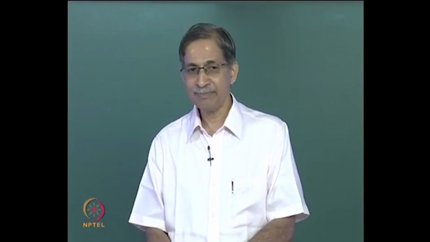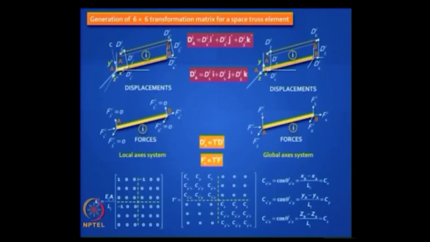You need to know it at least in principle, because this needs a lot of thinking and clarification. I want you to read the book for this if you are interested, but to show you what you are likely to see, you have to use vector notation, and it works out like this. The stiffness matrix is very easy to do because you have only A by L and mostly they are full of zeros, but the transformation matrix will involve many angles: x star with x, x star with y, x star with z, y star with x, y star with y, y star with z, and z star with x, z star with y, z star with z.